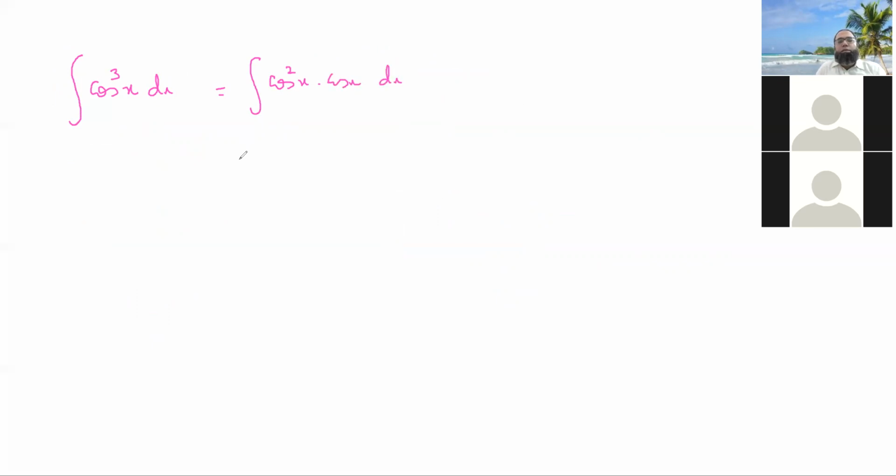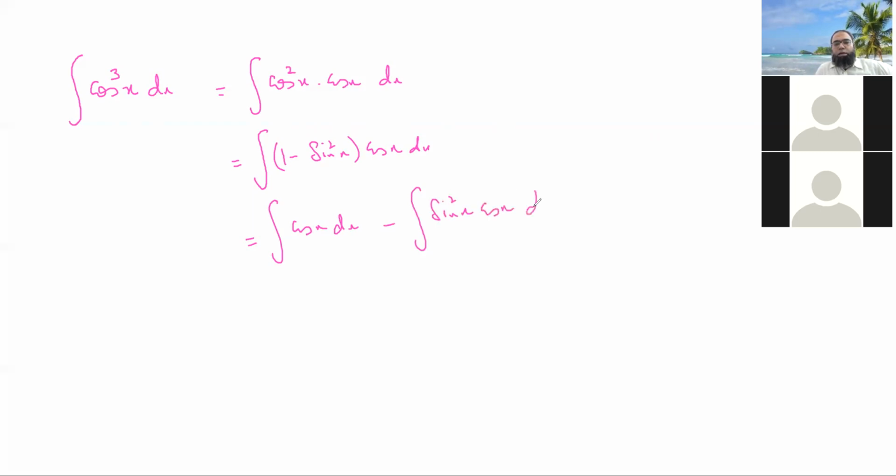Now, why do we do this? Because we know that this can be written as 1 minus sine square x times cos x. Okay. Now I expand this. This is going to be cos x dx, then minus sine square x cos x dx. You got this?